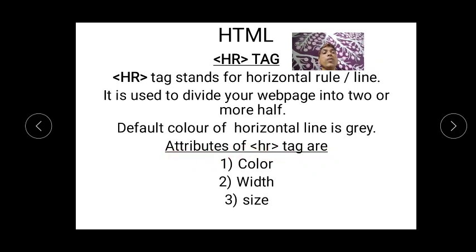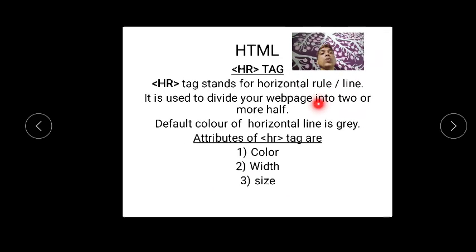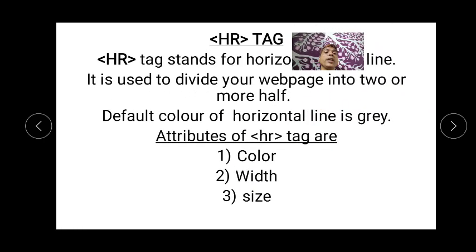Then you can give one example also. Now there are three attributes for this tag, that is color, width, size. Before we see the output, can you see the color spelling? You don't have to use UCOLOR. Then width means from the start it will show you the distance, whether it will touch end to end or not. Okay, size means thickness.